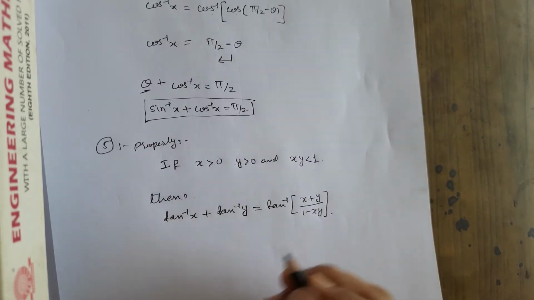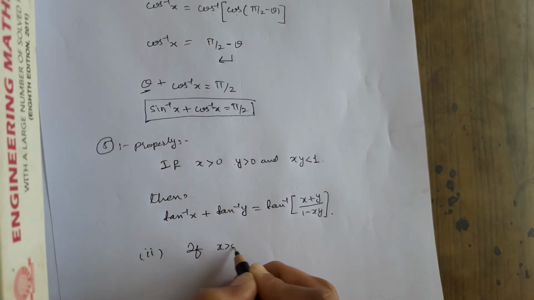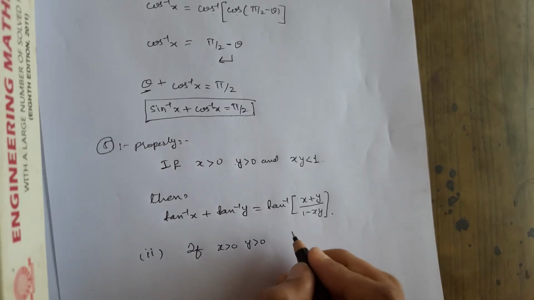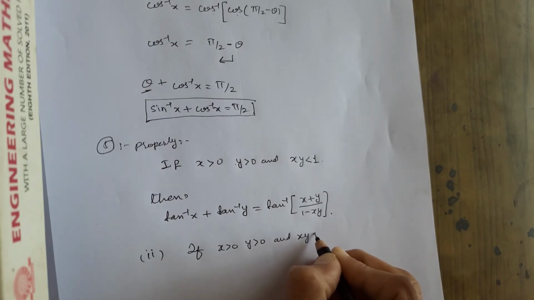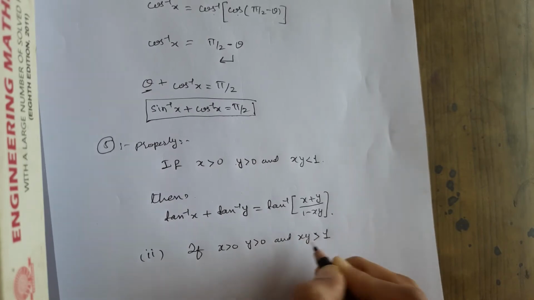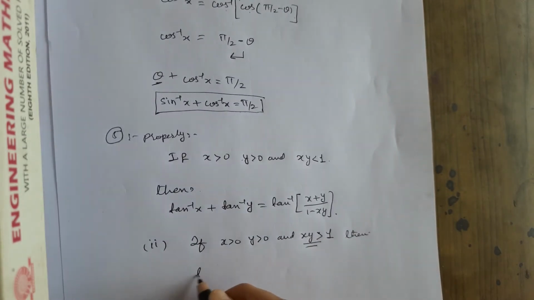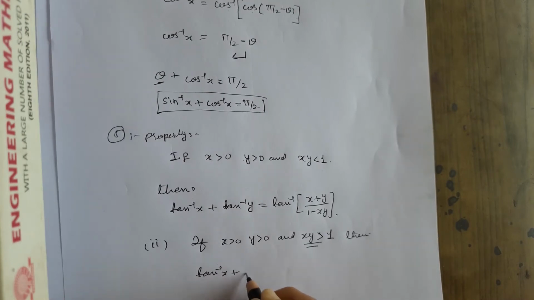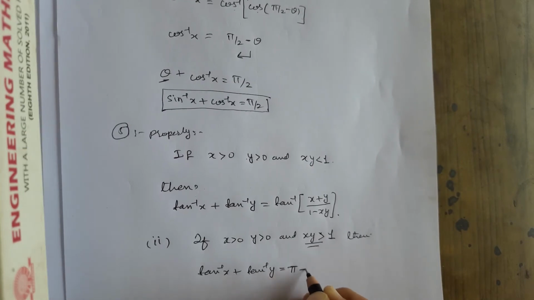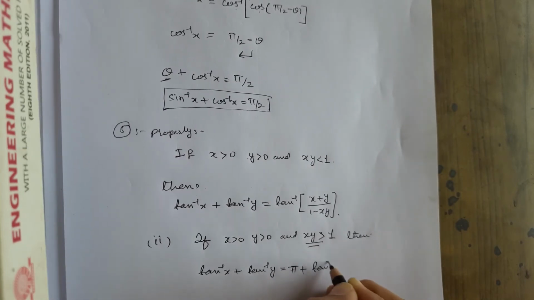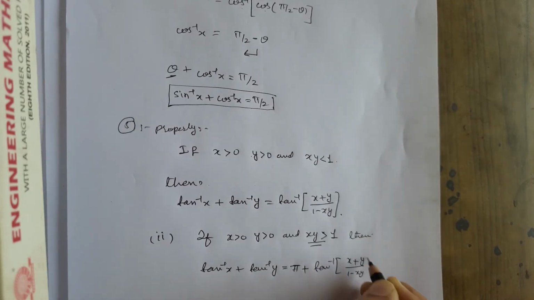Okay. And the second: if x is positive, y is positive, but the product x into y is greater than 1, then we need to write tan inverse of x plus tan inverse of y equal to pi plus, this pi is an additional thing, tan inverse of x plus y upon 1 minus xy.